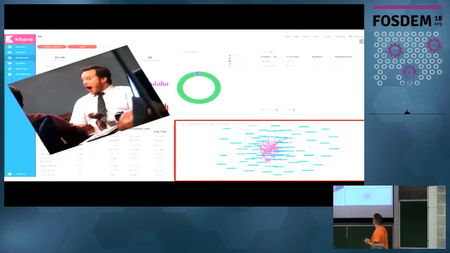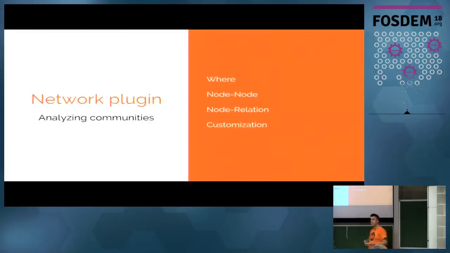How can we get these cool networks? Well, there is a Kibana plugin called Network Plugin that allows you to visualize the data in a social network way, or as a graph, like the other dashboards. And this network plugin is an open source project that I started when I was finishing my degree thesis.